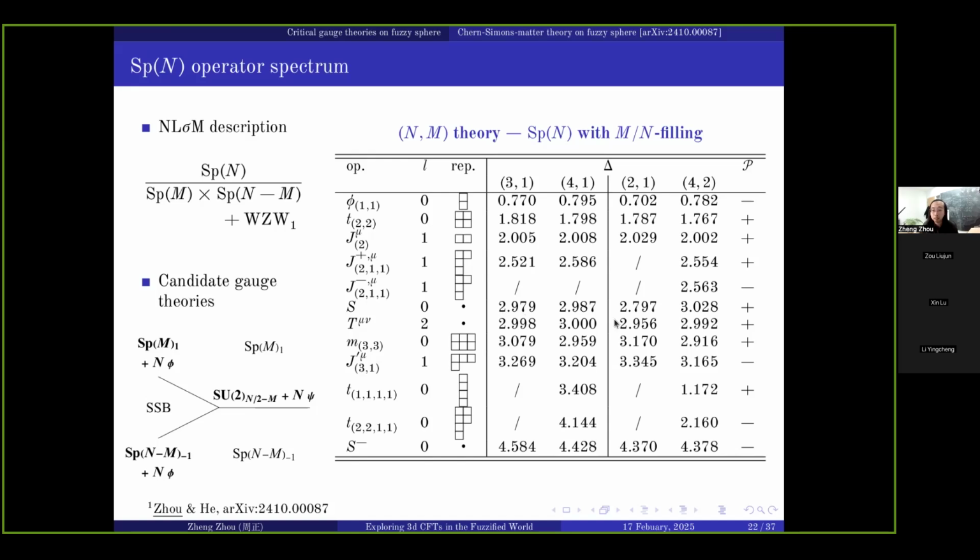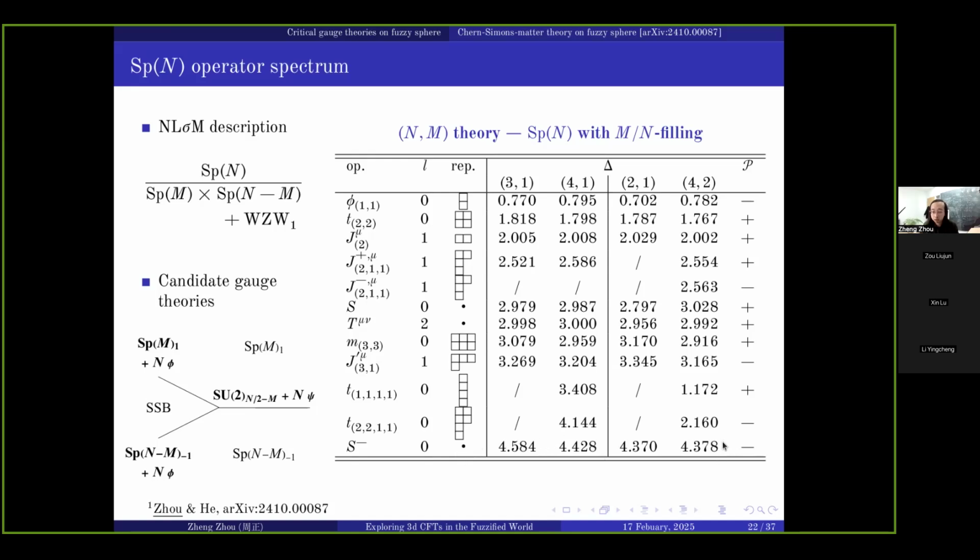For the SP3 or SP4 with filling of 1/3 or 1/4, it is slightly below 3, which means it probably controls a phase transition with very slow RG flow. Whereas for the SP4 with half filling, it is slightly above 3, but still all of those are very close to 3.